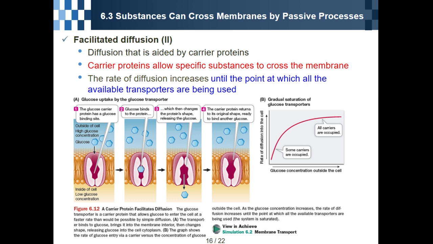Why does this happen? The transporters which can transport glucose are occupied by the glucose. At a higher glucose concentration, all of these channel proteins are occupied by glucose. That's why the diffusion rate becomes flat, like this. Okay? Important.